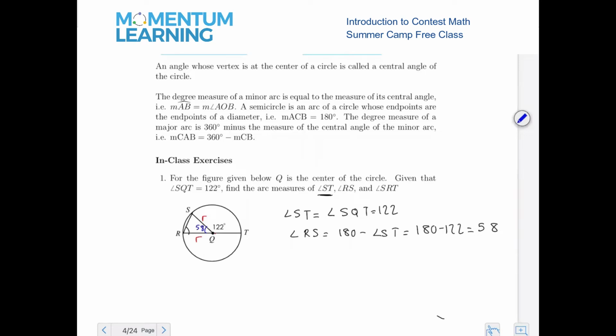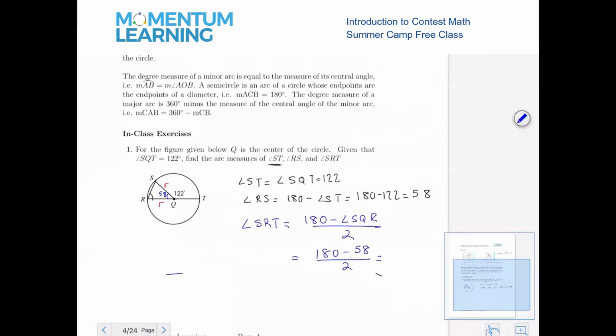Angle SRT is equal to 180 minus angle SQR, divided by 2. So it is 180 minus 58, divided by 2. This is 90 minus 29, which is equal to 61.